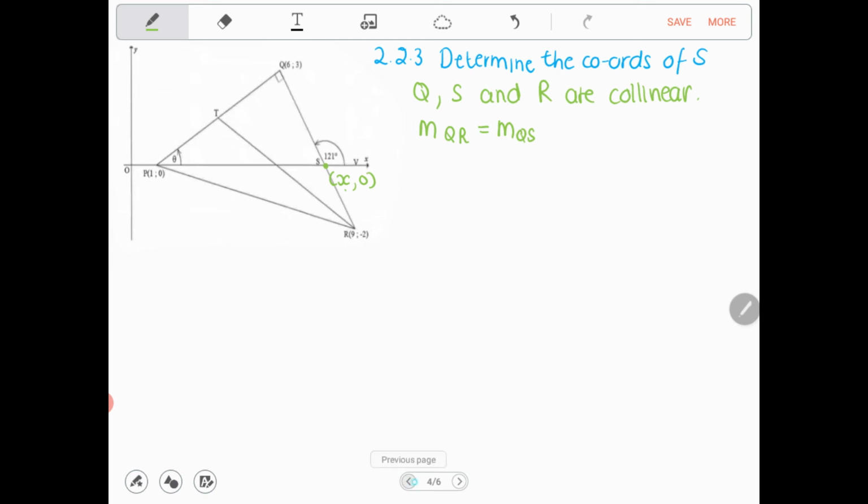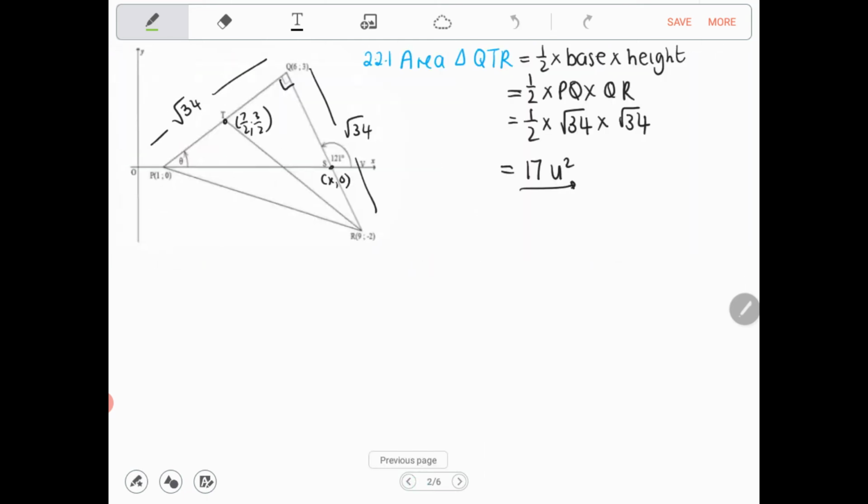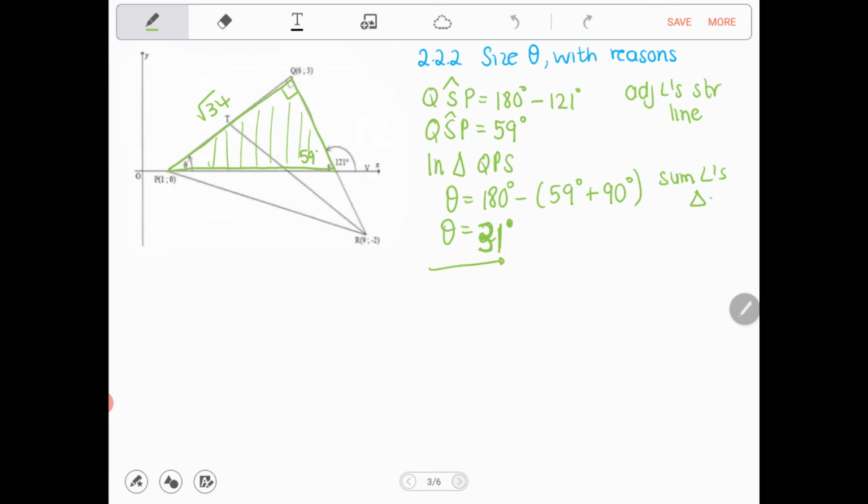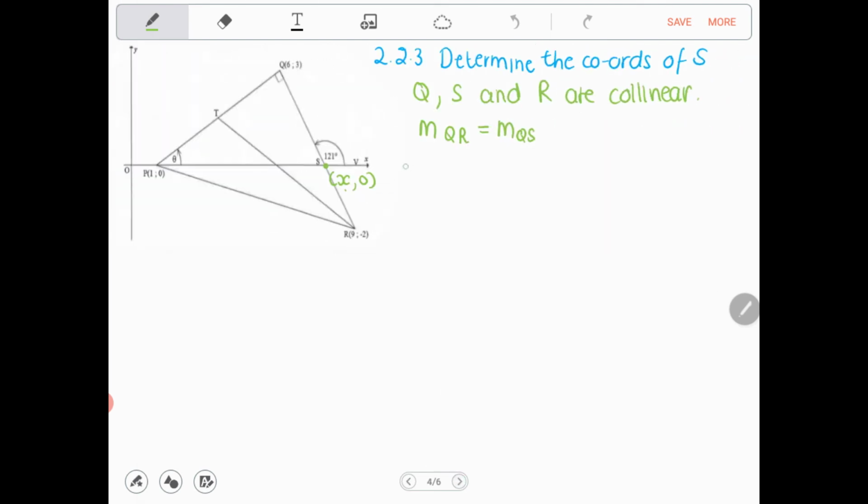We worked out in the first question that the gradient of PQ was equal to 3 over 5. So if the gradient of PQ is 3 over 5, then the gradient of QR, because they're perpendicular, must be negative 5 over 3. And if you worked it out, you'd still get negative 5 over 3 by subtracting. I'm just being lazy but clever, if that makes sense.